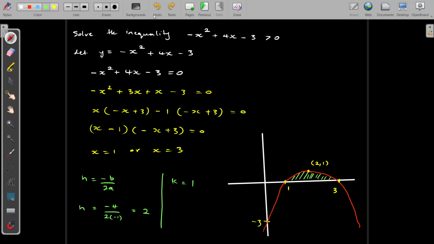And then we didn't answer the question as yet, because if they say solve the inequality, what they want from us is to give them the solution set. So they want the range of x values. So what are the values, or what is the range of x values that would satisfy this inequality based on everything you're seeing here?